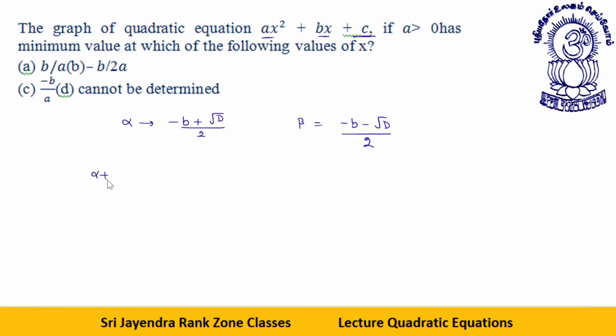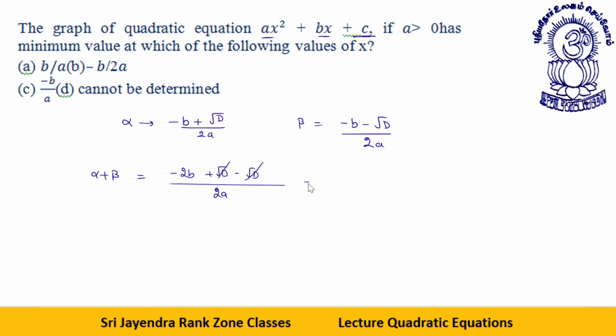Let's say you add alpha and beta. What happens when you add them? Both have denominator 2a. Adding them, minus b is taken 2 times, so minus 2b, plus root D and minus root D cancel.